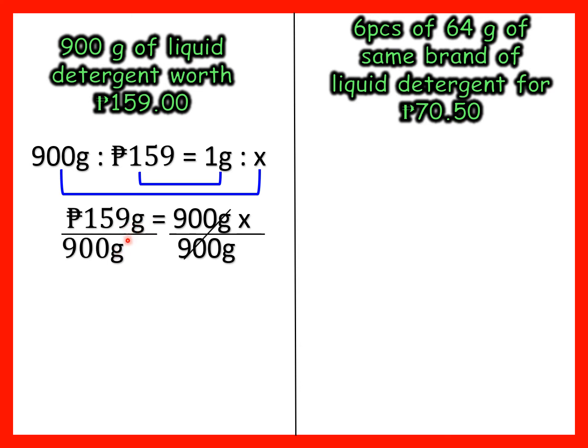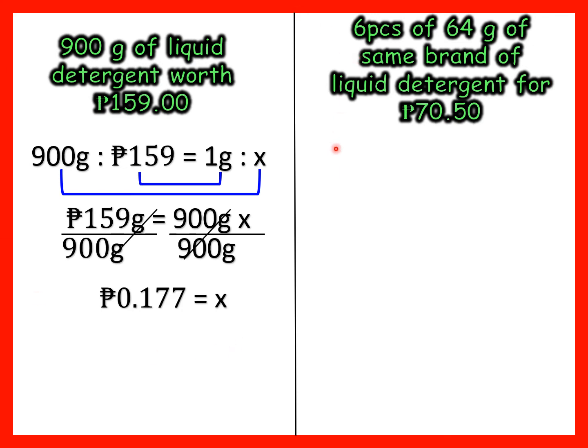We can now divide 159 by 900, and that's going to be 0.177 pesos, and on the other side is the x. So therefore in this ratio we have 0.177 pesos per gram.